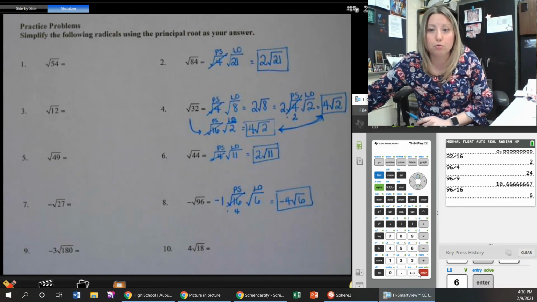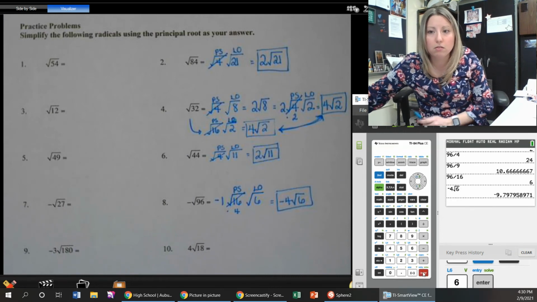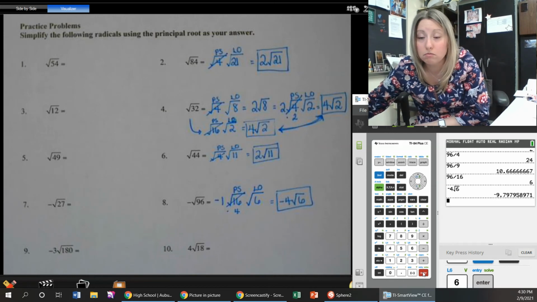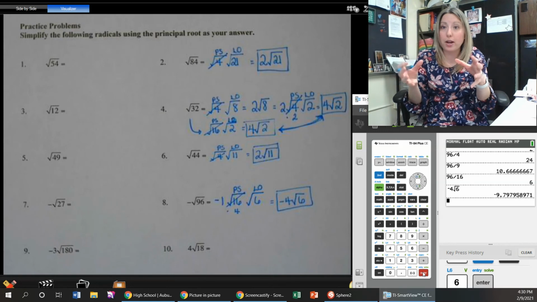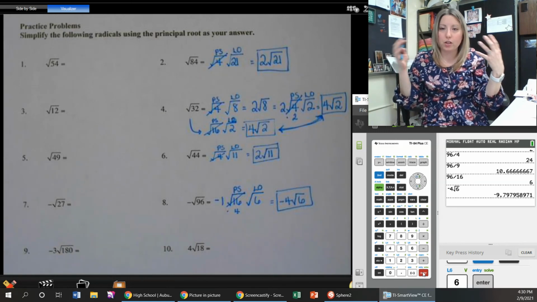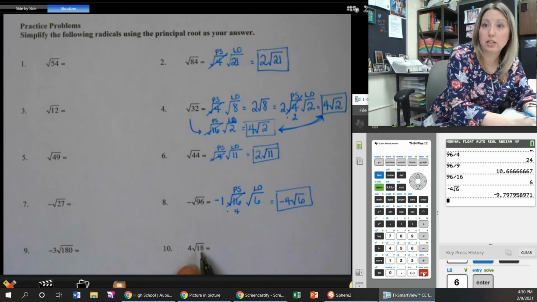So just to prove, negative 4 radical 6 comes out to be that. Do you want to be dealing with that? No. So this is the cleaner way to look at it and know this is irrational.